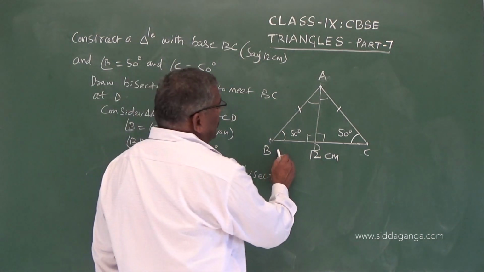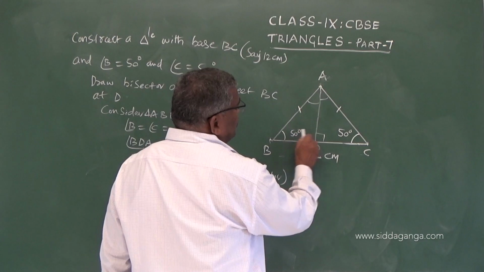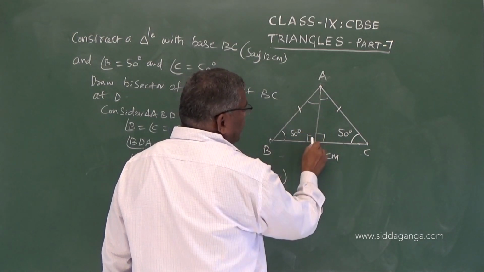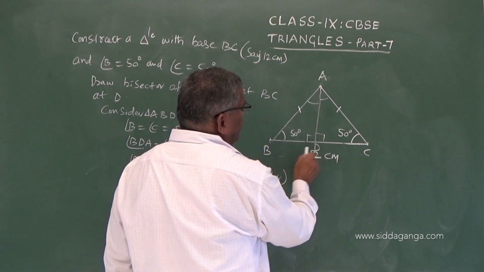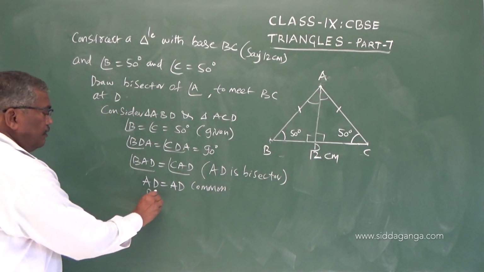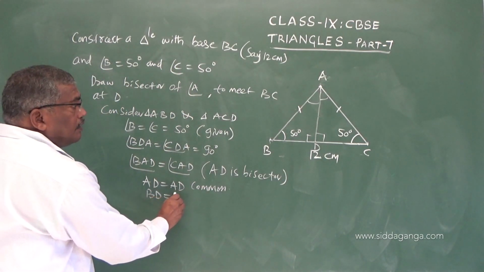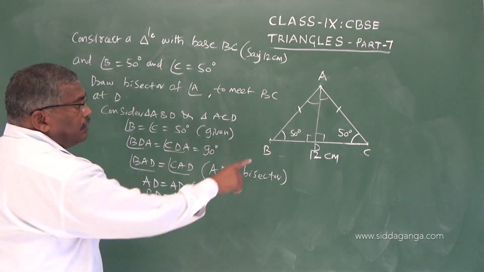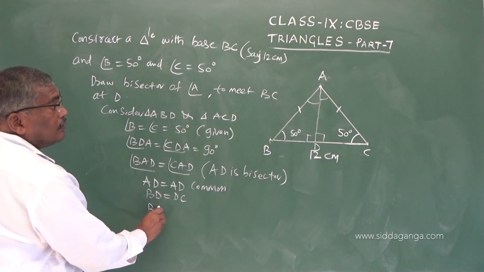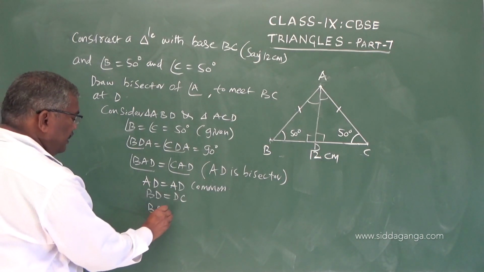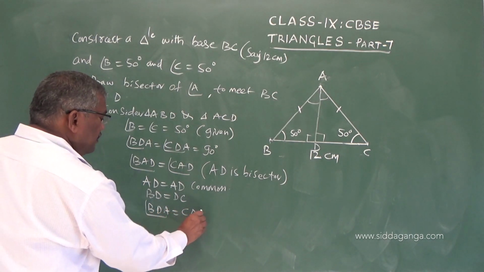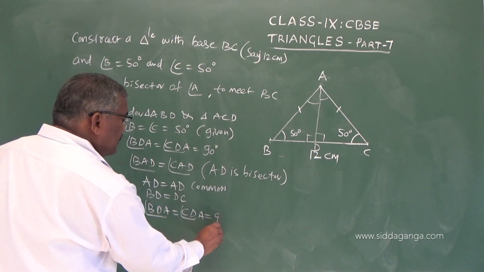Now, since this is 50-50 and AD is the bisector, D is the midpoint, so therefore BD is equal to DC, and angle BDA is equal to CDA is equal to 90 degree.